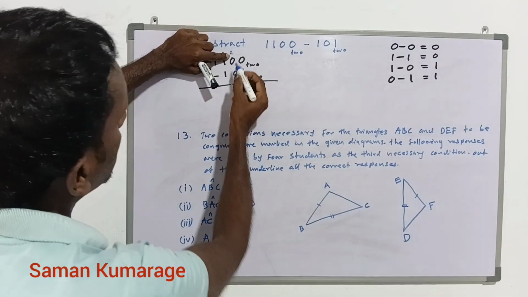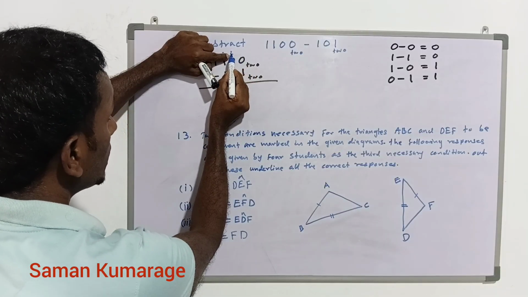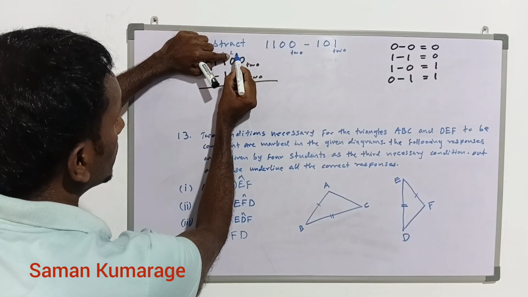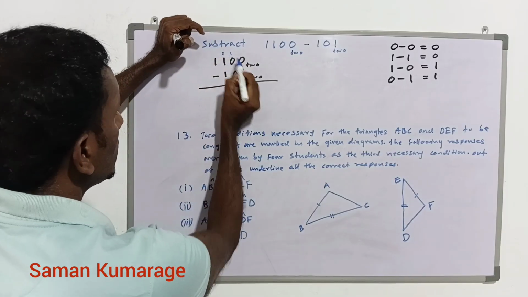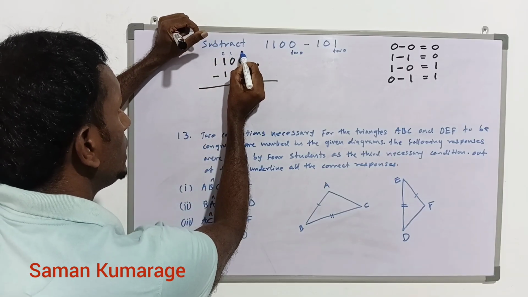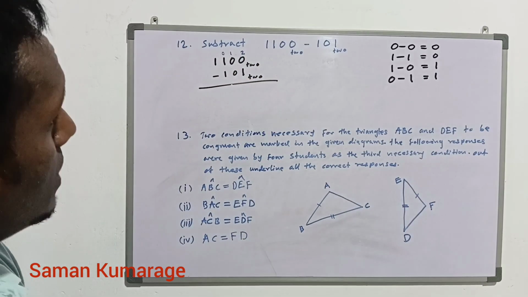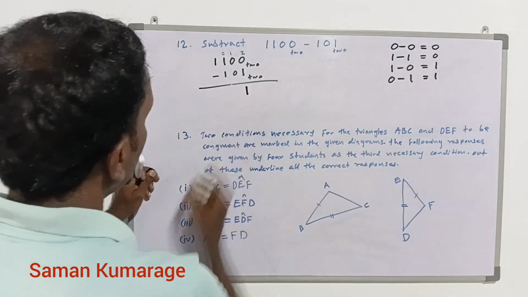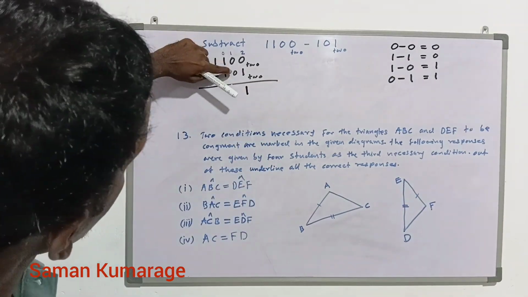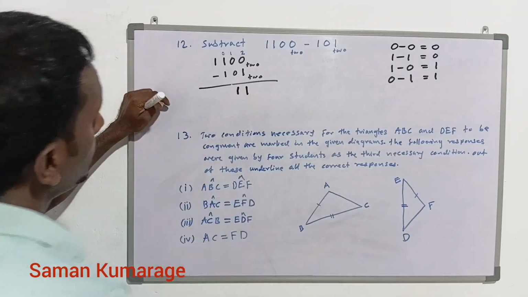Now again we need to take 1 from this column to this column. Then here 2 becomes 1, and here the value will be 2. Now we have to subtract 1 from 2, it is 1. Here 0 from 1, it is 1.